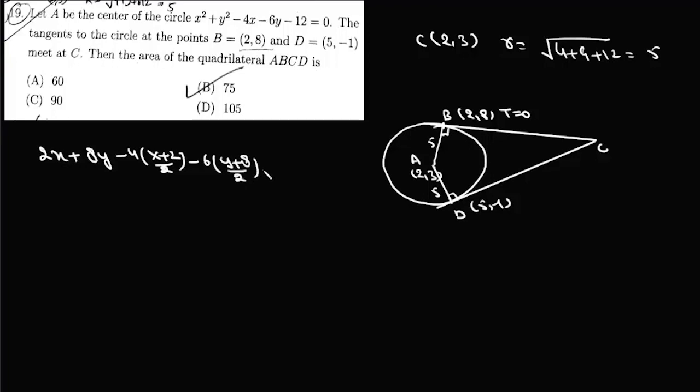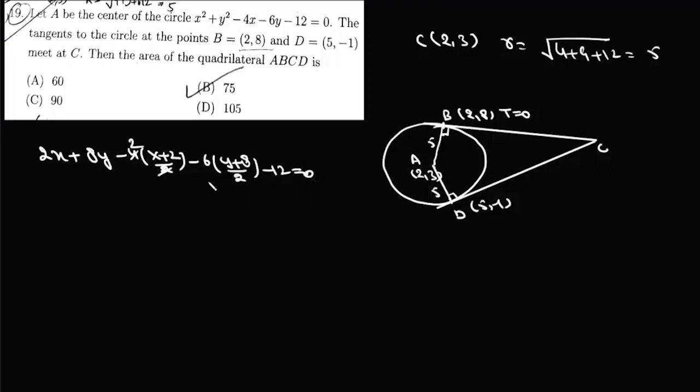For this, we have to find length of BC, and for that, we have to find this C. Now we are given this point B, it is 2, 8, and D is 5, minus 1. Now we know that if point lies on the curve, then equation of tangent is given by T equals 0. So we can write T equals 0 as 2x plus 8y minus 4 times x plus 2 by 2 minus 6 times y plus 8 by 2 minus 12 equals 0.